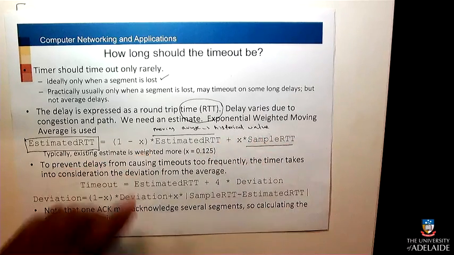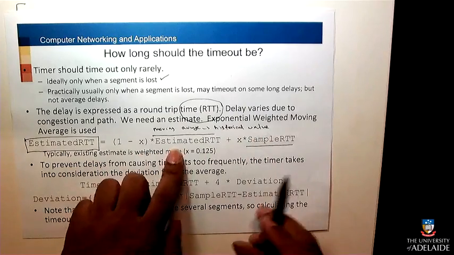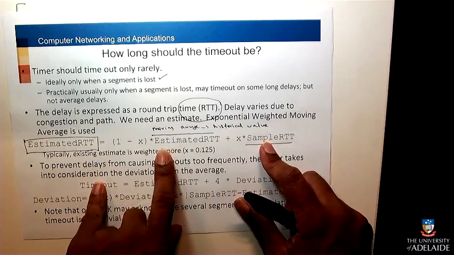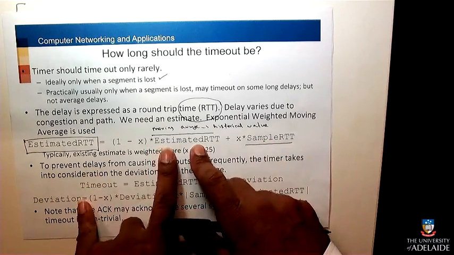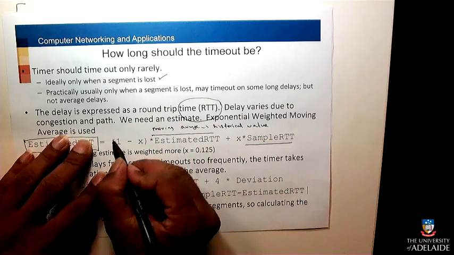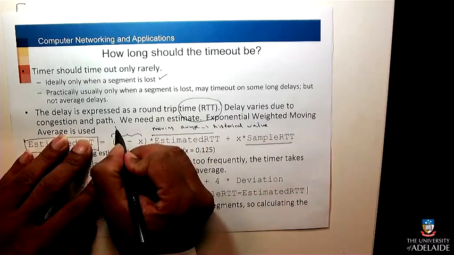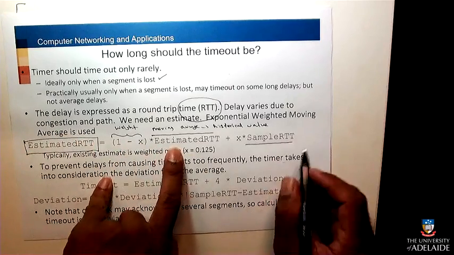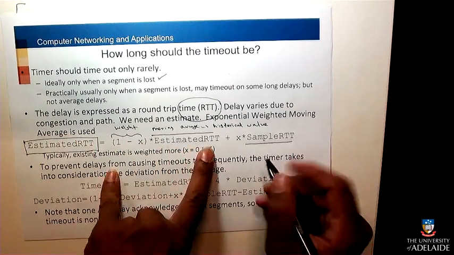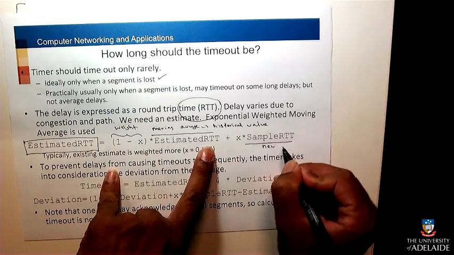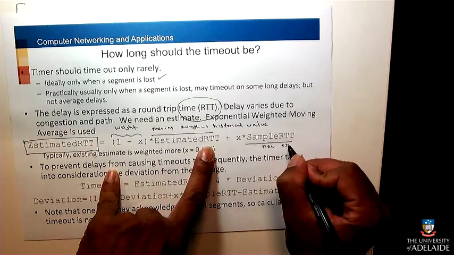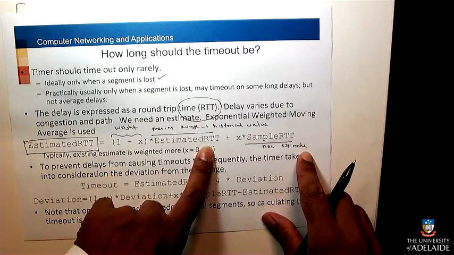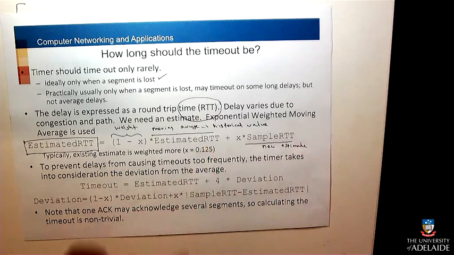So it's a weighted moving average essentially between the current estimate and a previous estimate. And you can see the weighting factor here. So this is the weight it gives to the current estimated RTT, versus the new estimate from a recent transmission and acknowledgement.